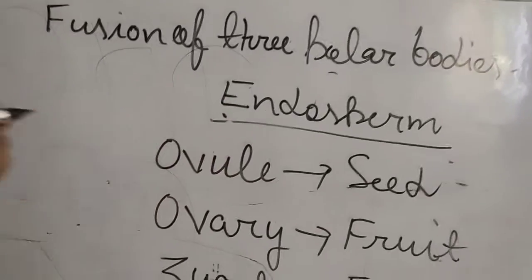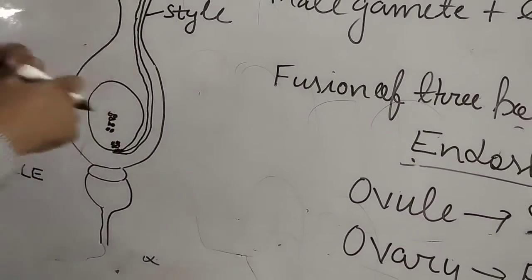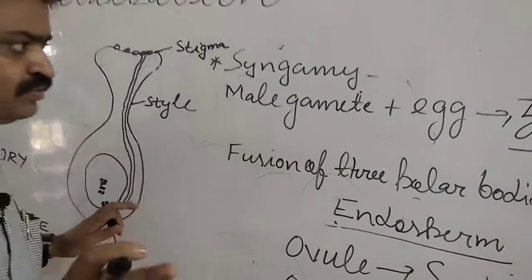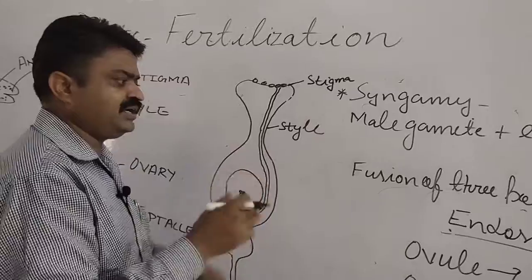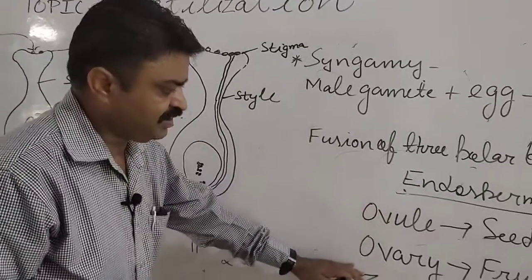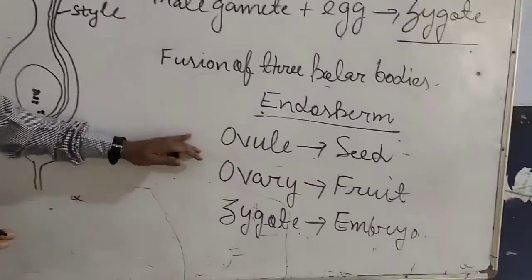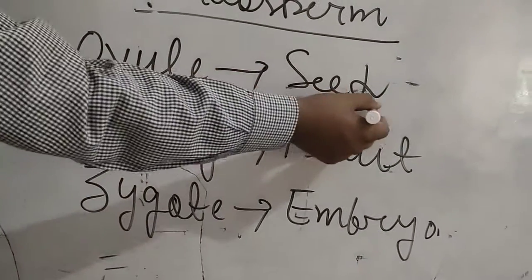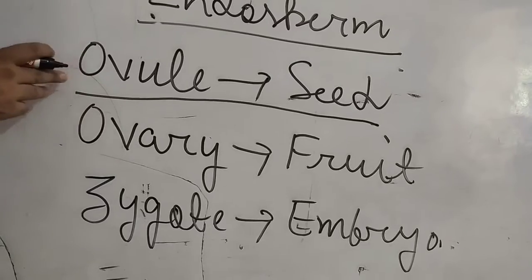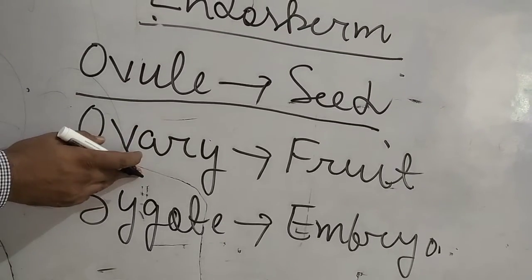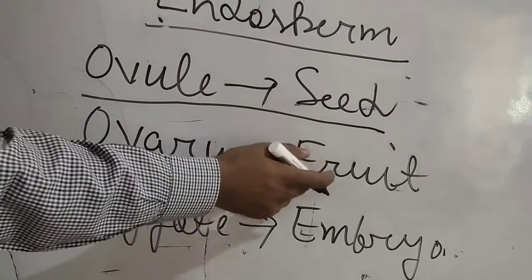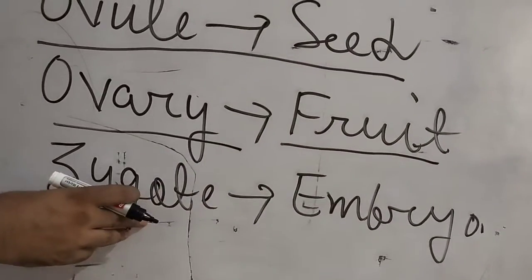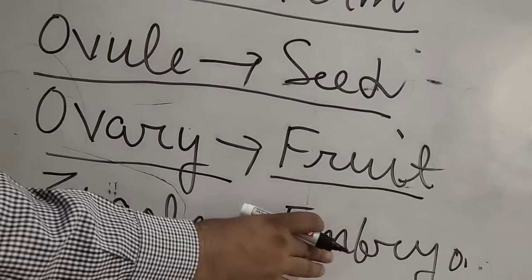Now the development begins, cell division starts again, and due to that mitosis cell division, development takes place: the ovule develops into seed, the ovary develops into fruit, and the zygote develops into embryo, student.